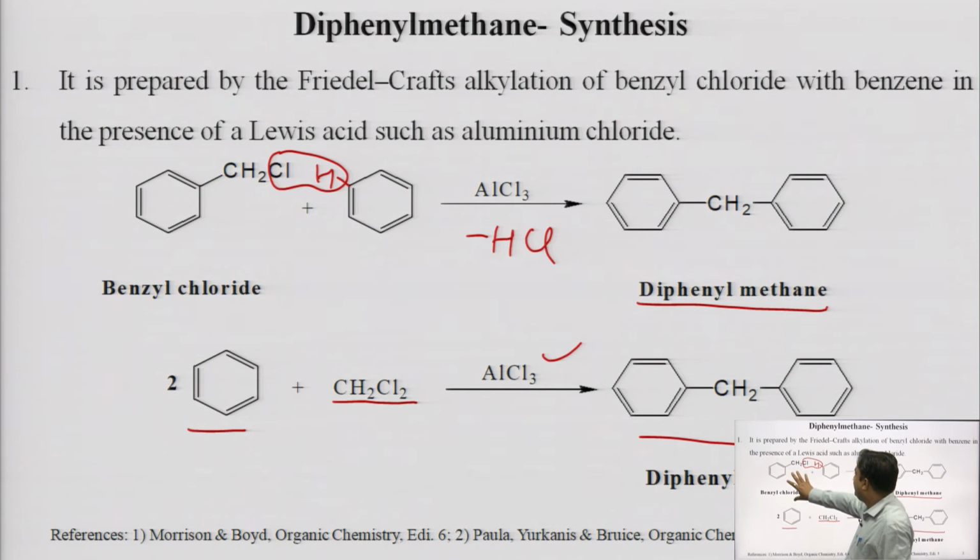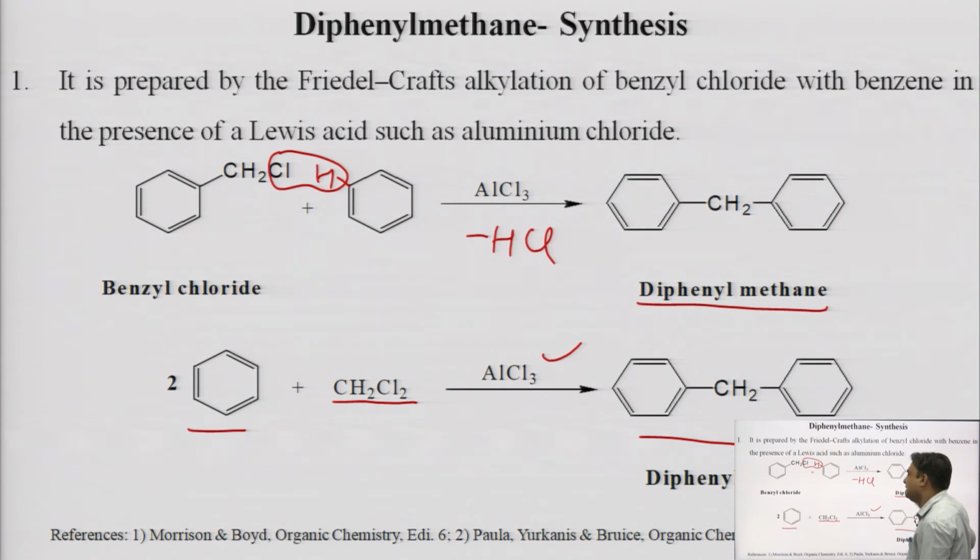Benzyl chloride will react with the benzene ring in the presence of a Lewis acid like AlCl3, and we get diphenylmethane. In case of dichloromethane, it again reacts with benzene, but here 2 moles of benzene are used in the presence of AlCl3, and again we get the same product, diphenylmethane.